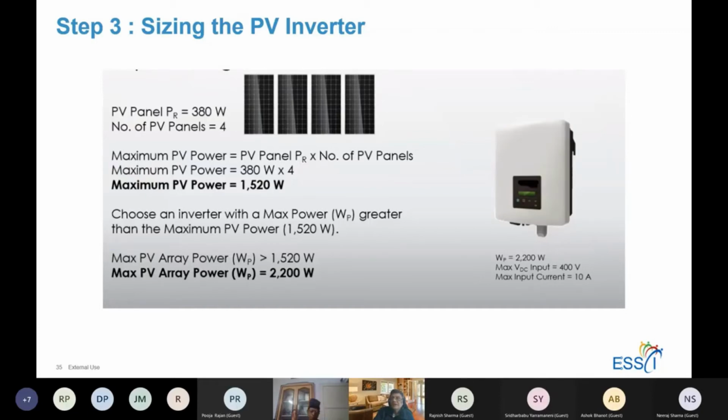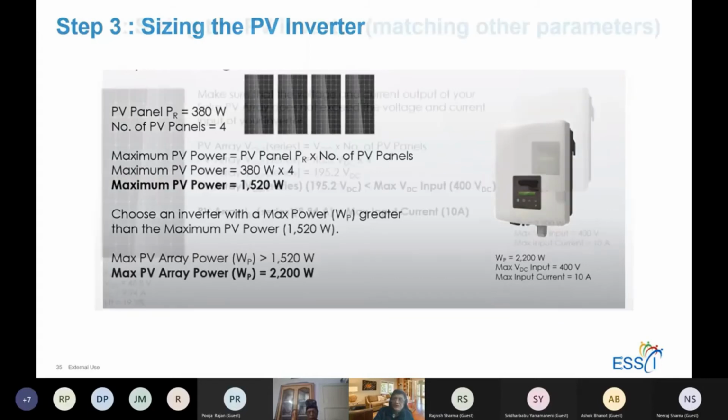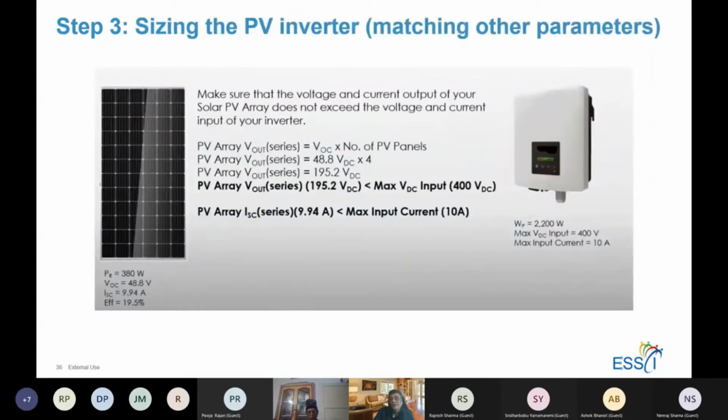What is the maximum voltage that the inverter can take? And what is the maximum input current it can take? There are other considerations also, but we'll come to it later. But maximum VOC is 400 volt.